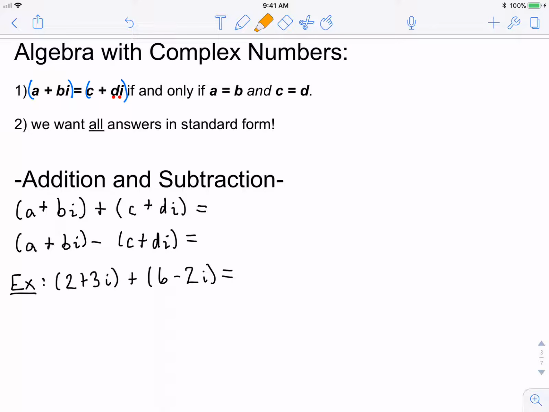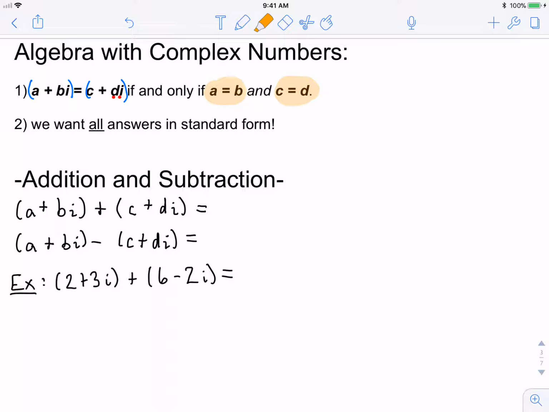This can only happen when the real parts are equal and the imaginary parts are equal. So only if a equals c and b equals d. The second fact is that when we do our algebra, we always want our answers in standard form. So we'll finagle them just a little bit, so they always look like some real plus imaginary part times i.